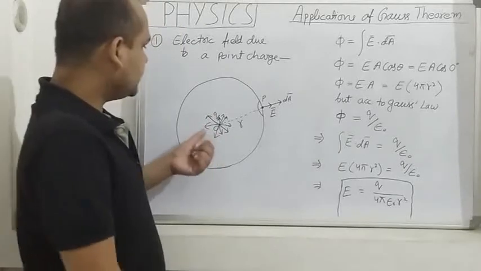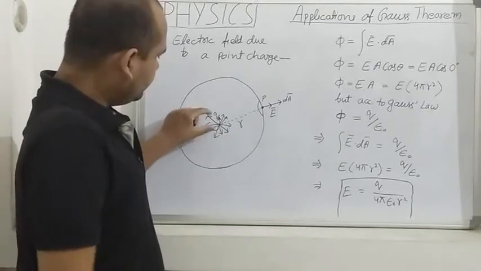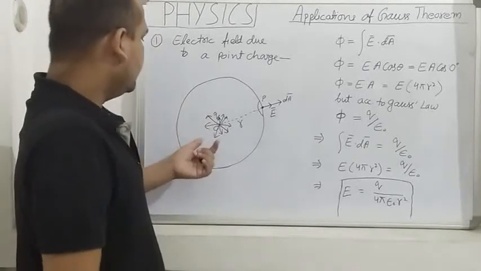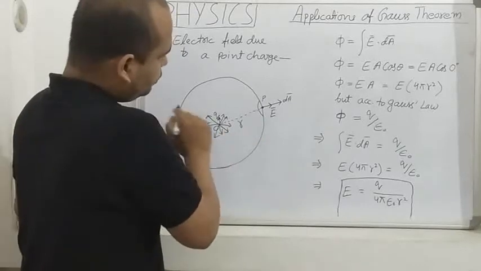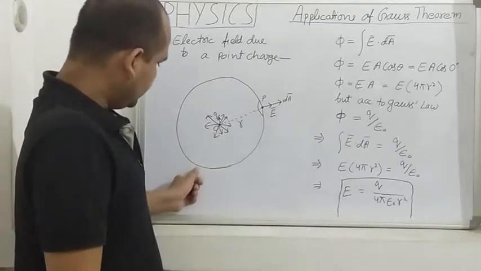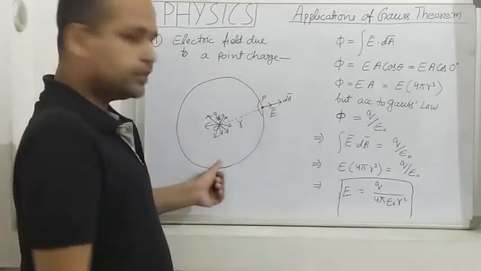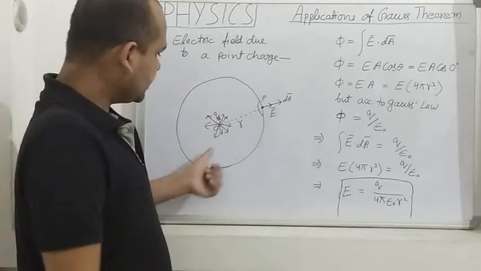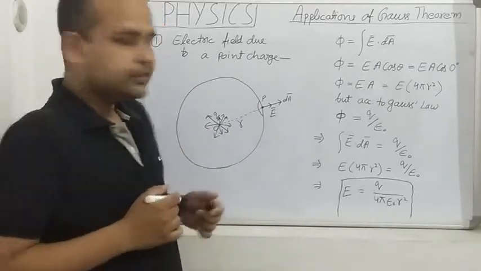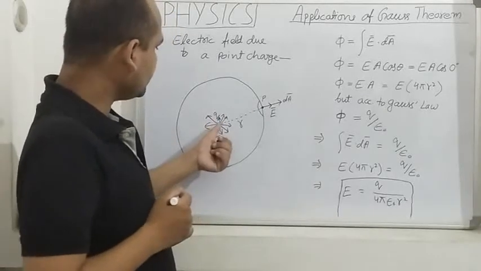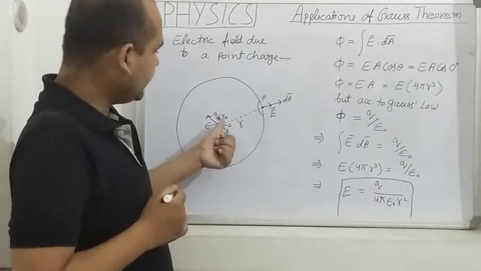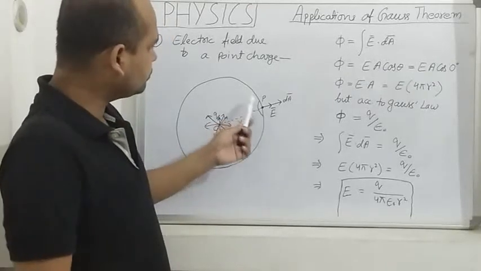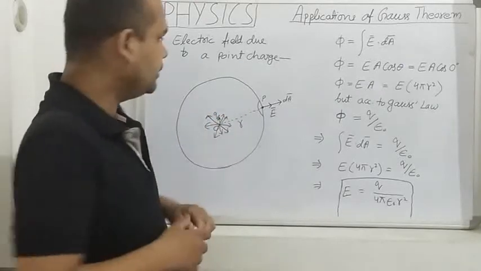You can see the electric field which comes out from this point source charge will go and strike the sphere radially, or we can say the direction of the electric field from this point source charge will be radially outward, perpendicular to the surface of the sphere.